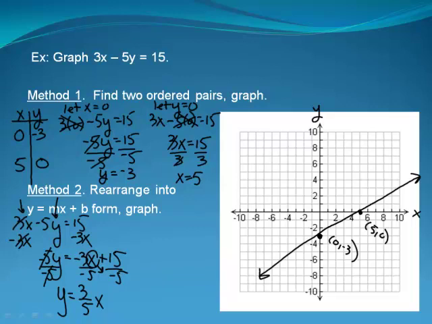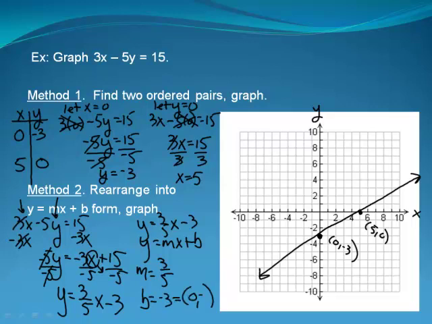And then here we've got plus 15 divided by negative 5. 15 divided by negative 5 is a minus 3, or plus a negative 3 if you like that better. Y equals 3/5 x minus 3 is y equals mx plus b form, where m is 3/5 and b, or our y-intercept, is negative 3, so the ordered pair there would be 0, negative 3.